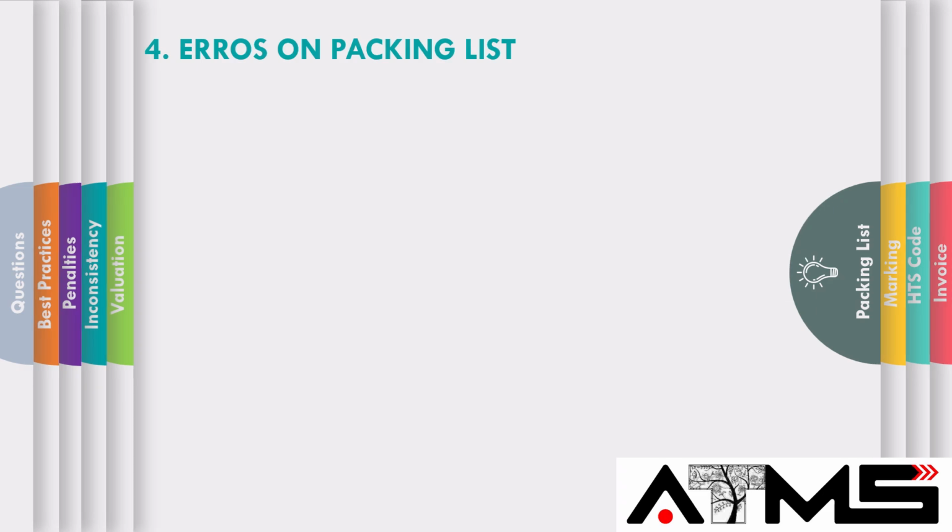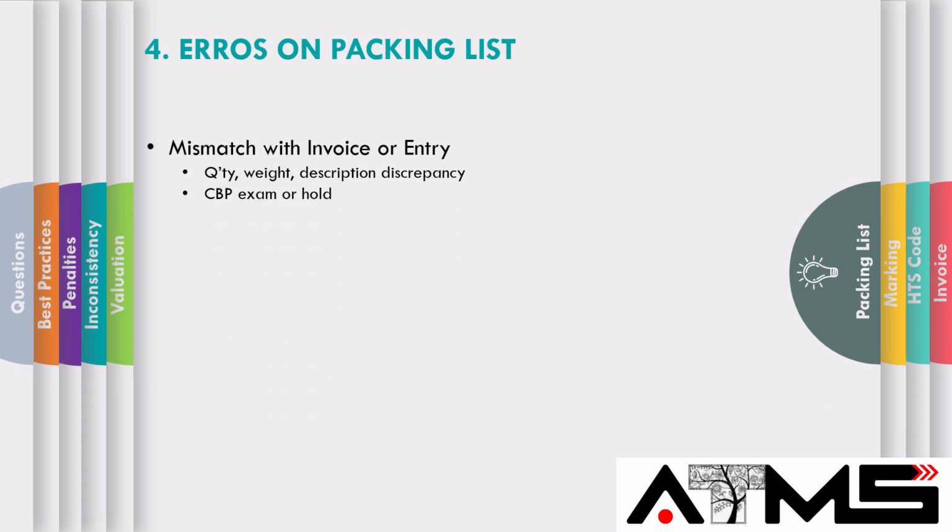Packing list discrepancy can also trigger CBP action. The most common issue is a mismatch between the commercial invoice and packing list, such as inconsistent quantity, weight, or product description, which may result in entry delay or CBP inspection.